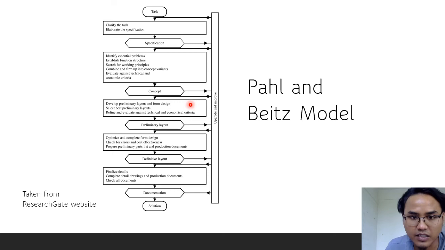After that, the preliminary layout, where we optimize the design, check for errors and cost efficiency, and lastly the definite layout, where we finalize the details, complete drawings and production documents, and check all the documents. This picture is taken from the ResearchGate website.